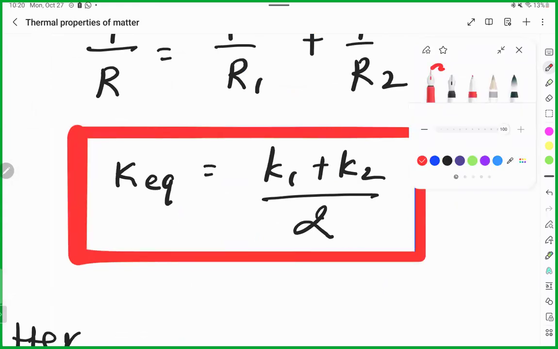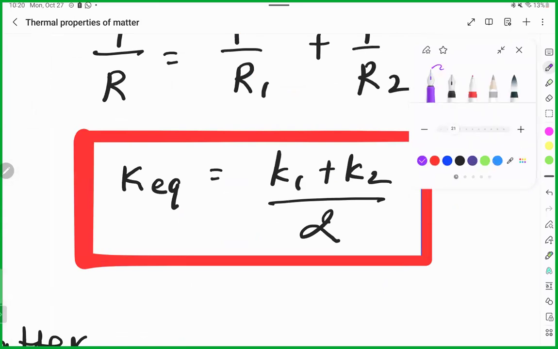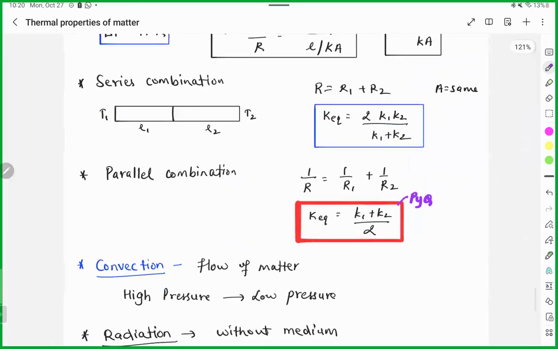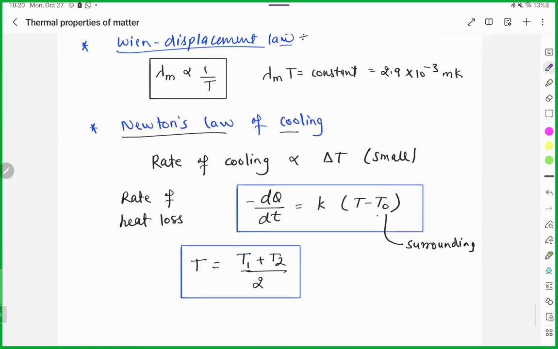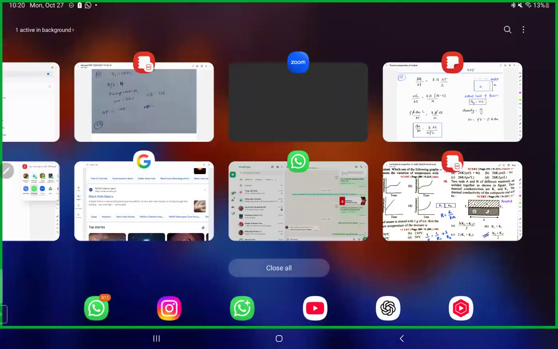Right? So it is a PYQ. Direct question. Anybody have doubt in this?